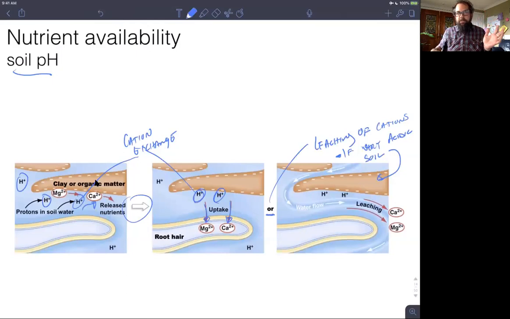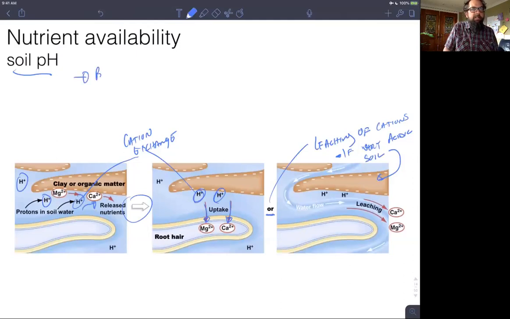And then if water is draining through the soil, those calcium and magnesium ions, or whatever cations they are, will be leached out of the soil and then unavailable to the plant as well. And so it's really a trade-off between having too acidic a soil, where everything's leached out, or just enough to displace some of the cations to be available to the plant.